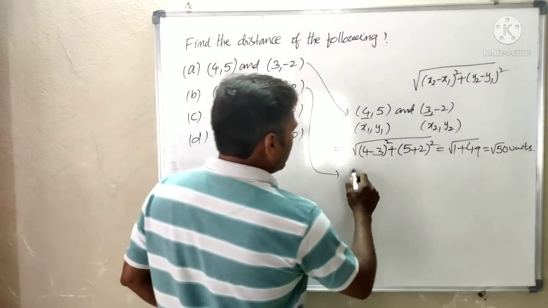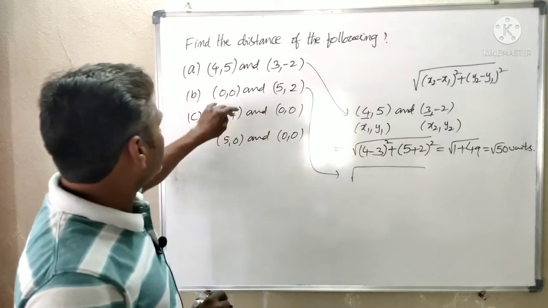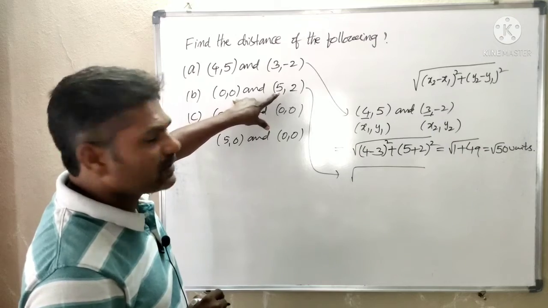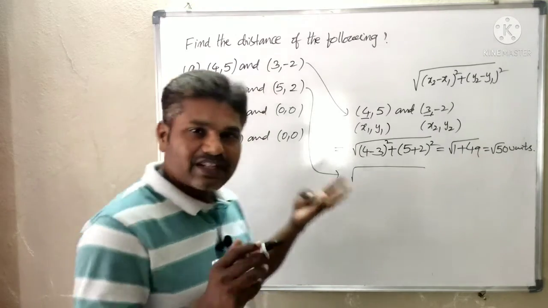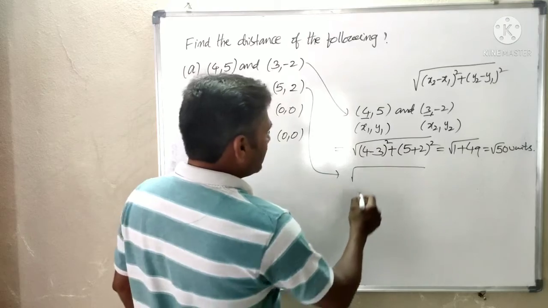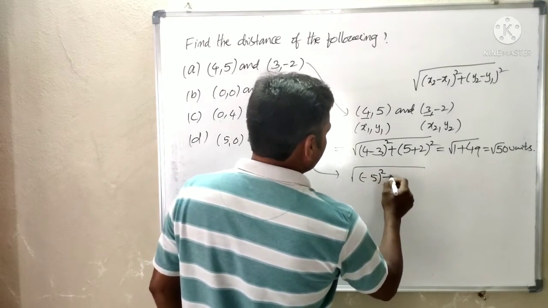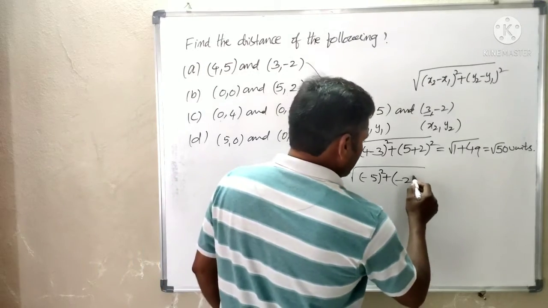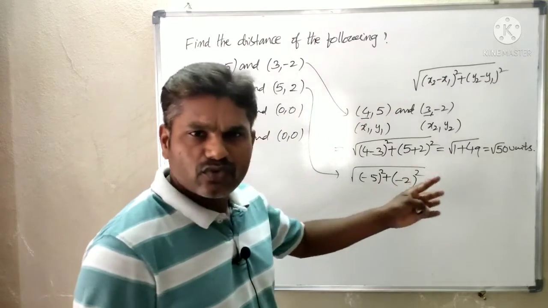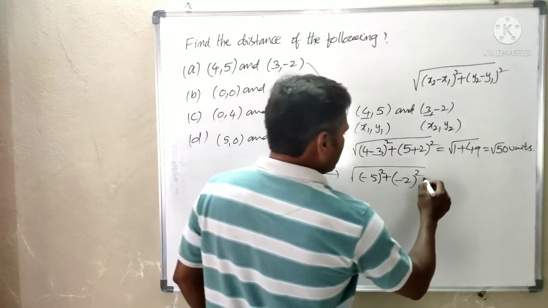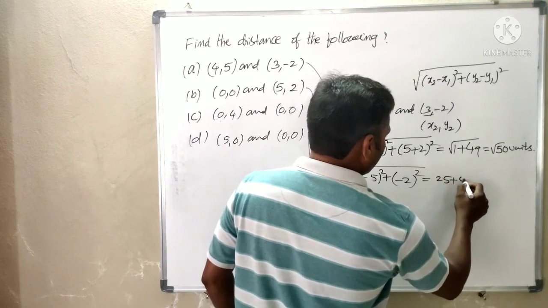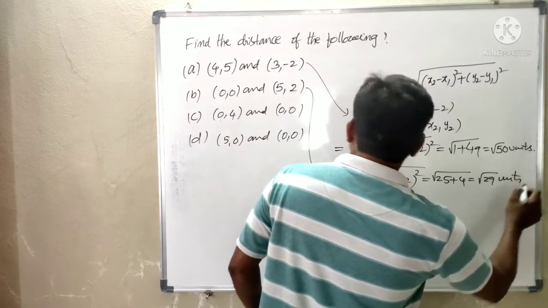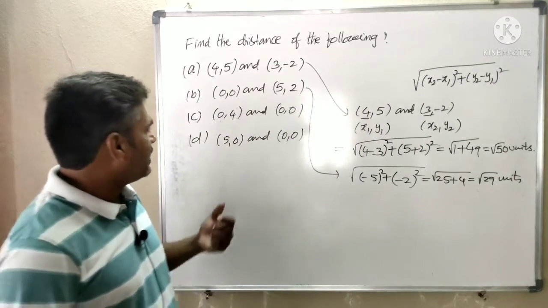That means square root of, instead of writing the difference of x coordinates and the difference of y coordinates, the difference of x coordinate is 0 minus 5, minus 5 whole square, similarly 0 minus 2, minus 2 whole square. Otherwise you may write 5 square plus 2 square also, then that will become 25 plus 4, square root of 29 units.